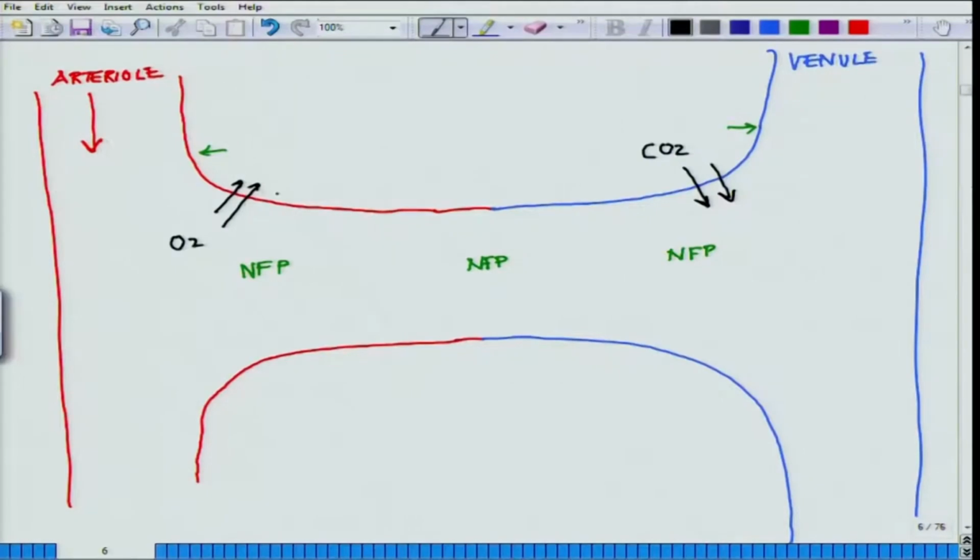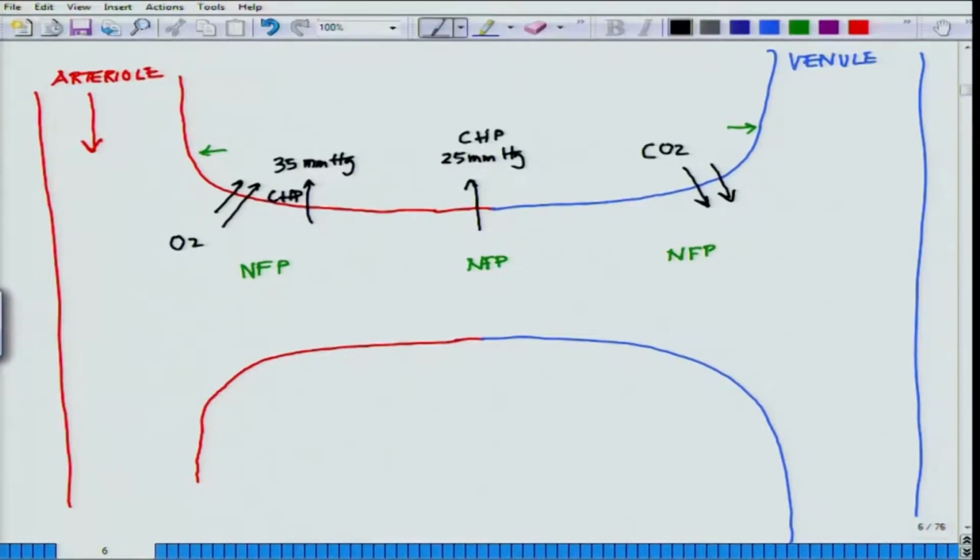So, let us represent it by CHP. Capillary hydrostatic pressure at the beginning of this zone is 35 millimeter mercury. Okay. Capillary hydrostatic pressure in between, out here, is approximately 25 millimeter mercury.